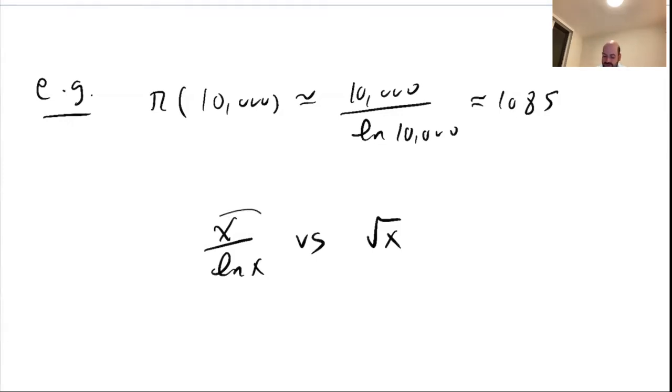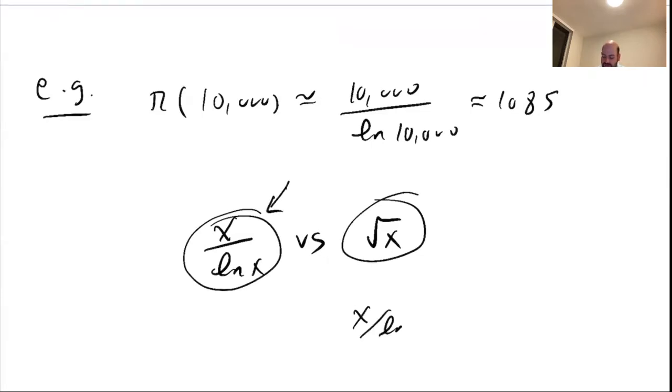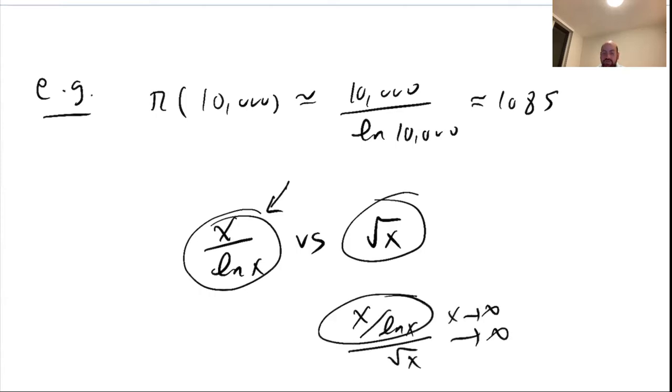But which one is bigger? You can show that x over ln x is bigger, meaning that the ratio of this divided by this goes to infinity as x goes to infinity. So this is a bigger number.